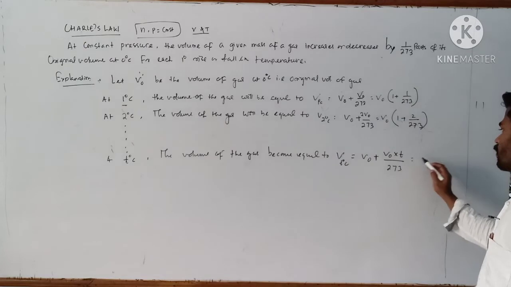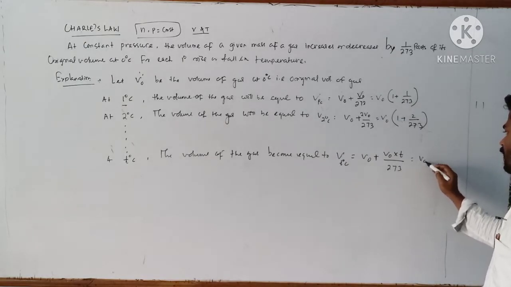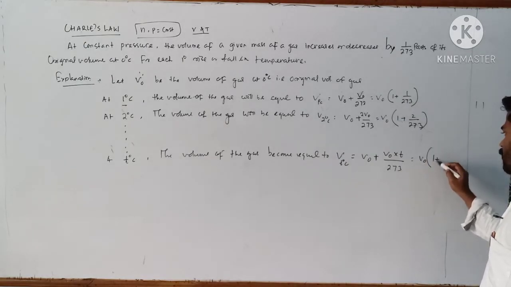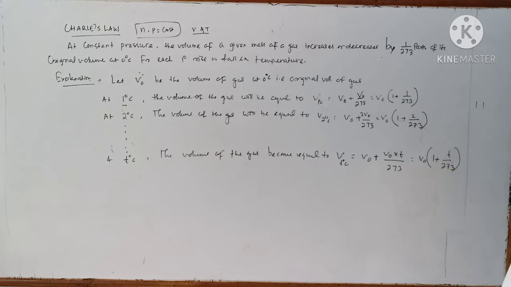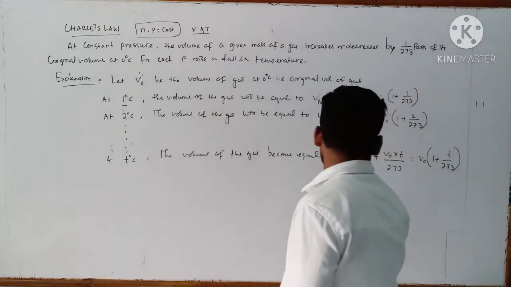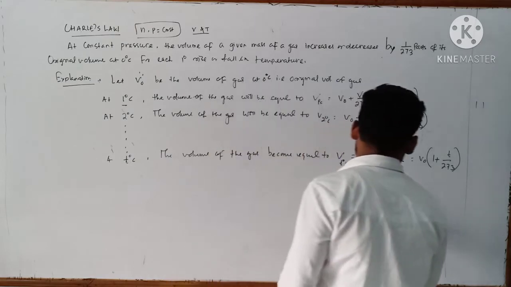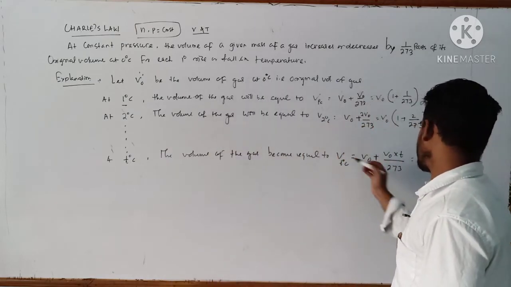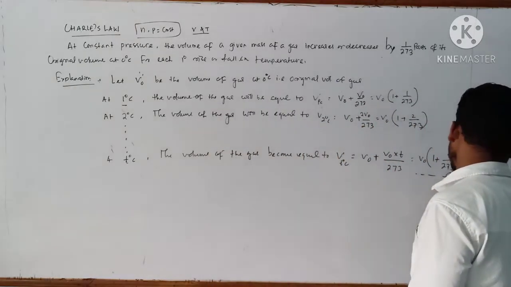So that will be equal to V naught into 1 plus t upon 273. Is that clear? Now you just remember this equation. This one I can represent as equation 1.